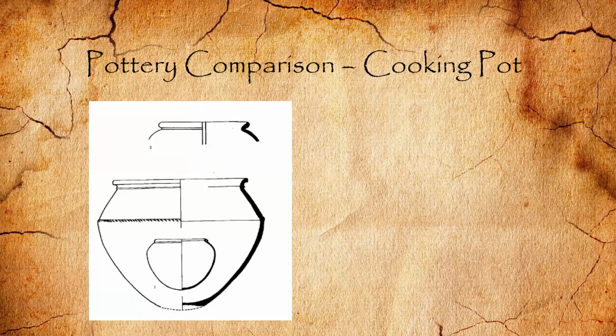So essentially we have here a representation of a Middle Bronze Age cooking pot. We did discuss in a previous session that one of the main turning points in the time frame for pottery is between the early Bronze Age and the Middle Bronze Age.